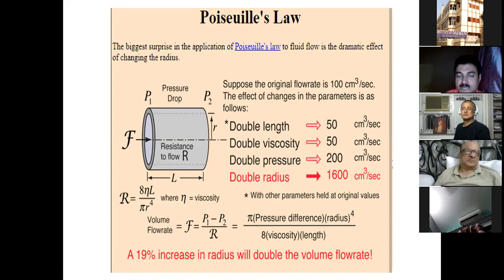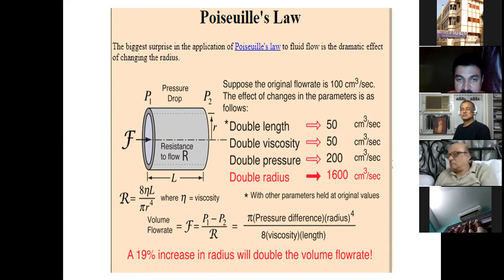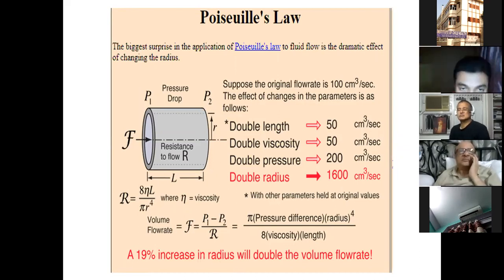If we double the viscosity, again the flow rate is reduced to 50%. If we double the pressure, the flow rate is double. If we double the radius, the flow rate is 16 times. So this is a standard impression of how Poiseuille's law affects the flow of air or liquid in a tube.